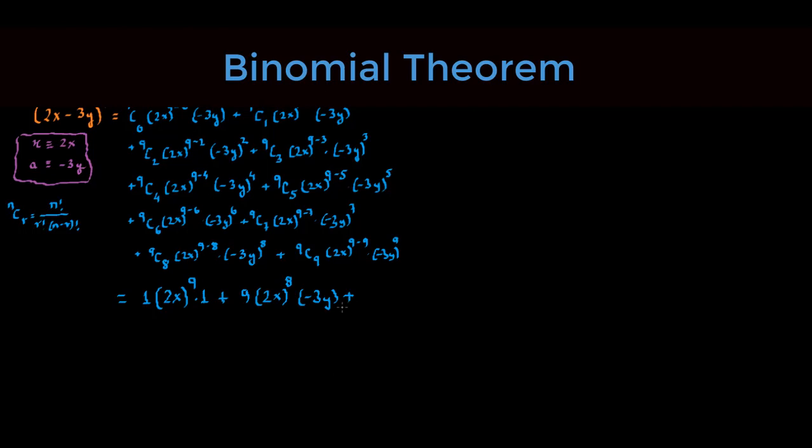Plus 9C2. Let me check what is 9C2. Where is my combination calculator? Yeah, got it. So 9C2 is 36. Perfect. So this is 36 times (2x) raised to the power 9 minus 2 is 7, and negative 3y whole squared, so this is going to be positive 9y squared.